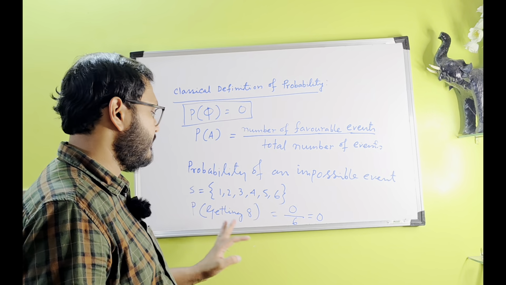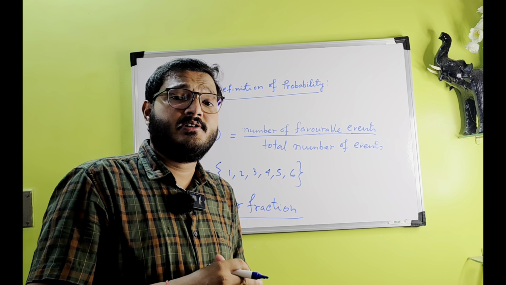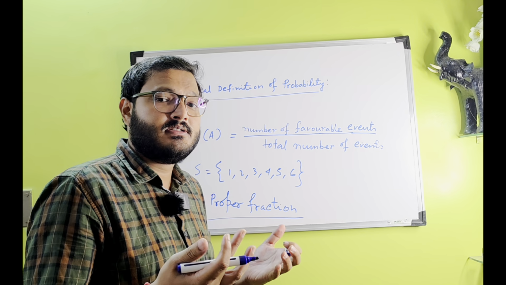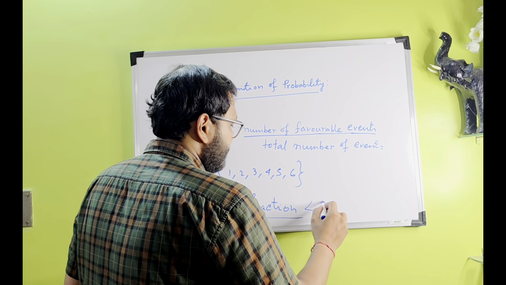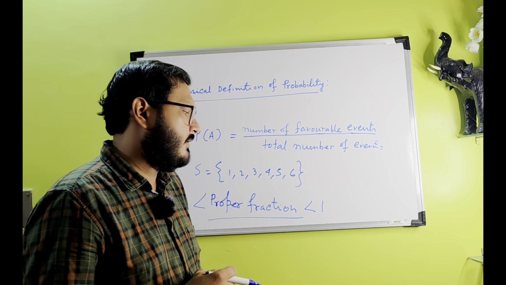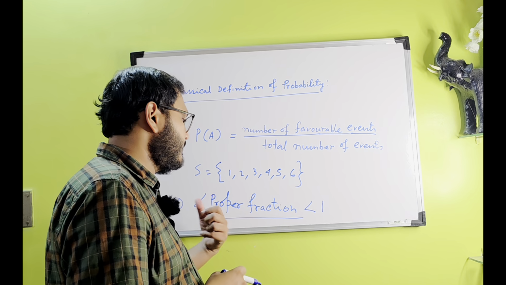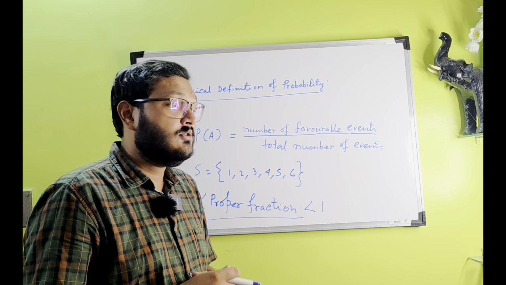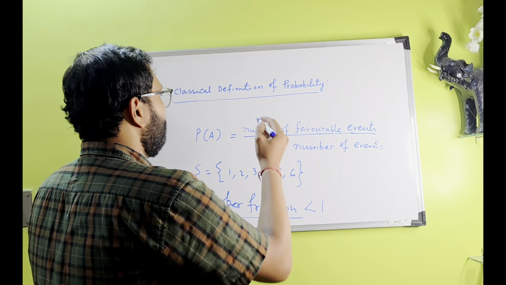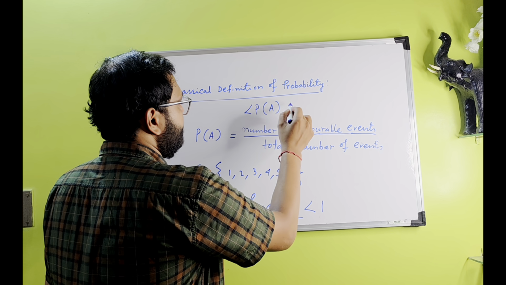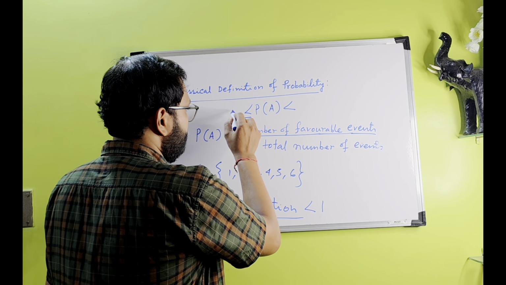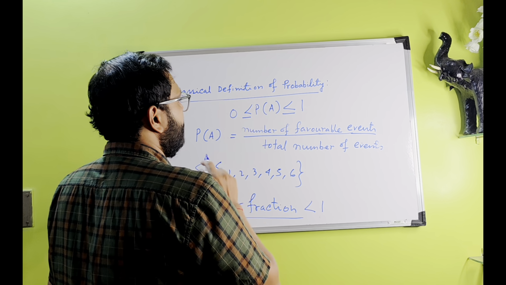Proper fraction. Another property of a proper fraction is that it is always less than 1, and greater than 0 if it is positive. So that's why the probability of an event is greater than or equal to 0 and less than or equal to 1.